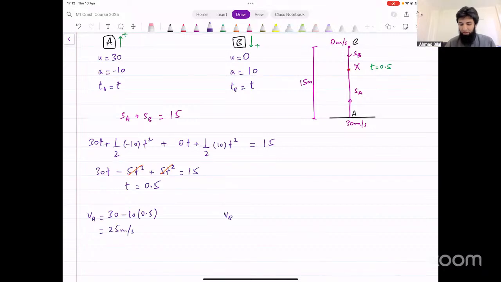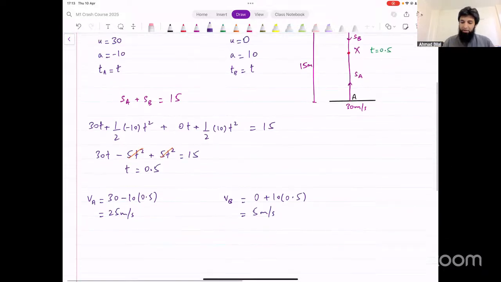And similarly for B, V equals U plus AT. We are talking about final velocity for their journey until they reach X. Velocity of B: U plus AT, 0 plus 10 times 0.5, and that turns out to be 5 meters per second.